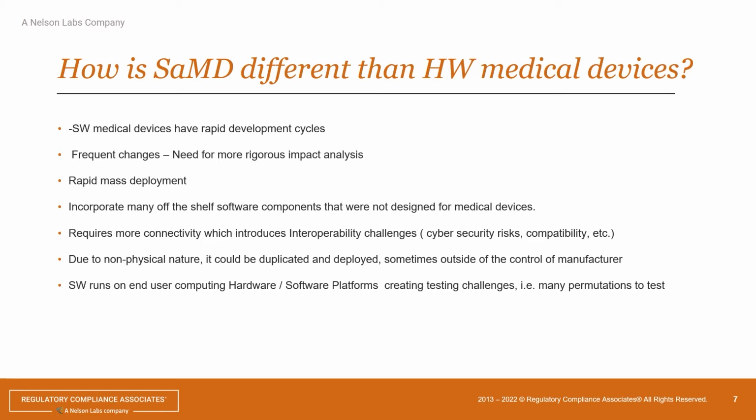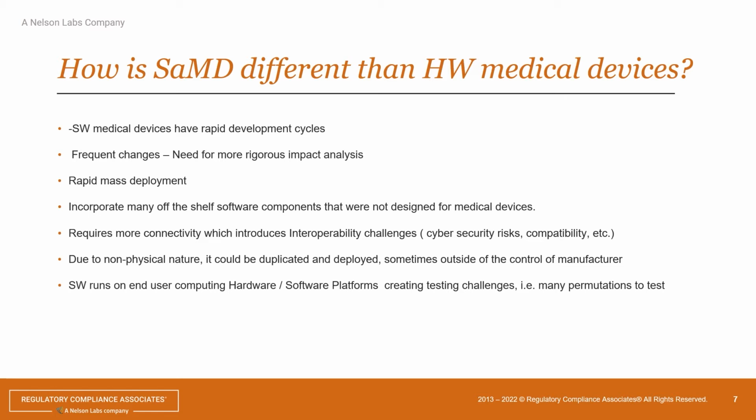And when you're testing, what are those permutations of the configurations and the different levels of things? Because whether your software runs on mobile devices, desktops or servers, you've got to keep track of all of those.